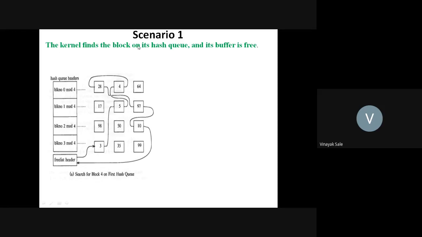The kernel finds the block on its hash queue and the buffer is free. It will first check on its hash queue whether that buffer is free or not. If it is free, then it allocates it to the kernel. If it is not free, then it will check the free list.